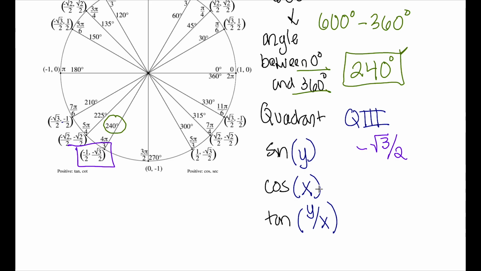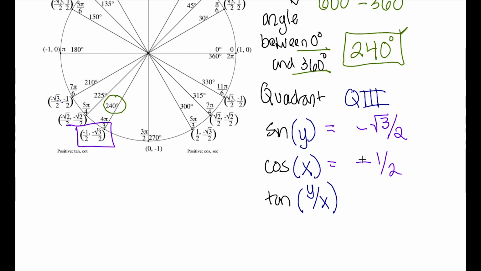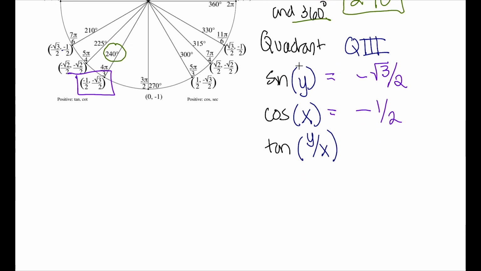The cosine is the x value of this coordinate pair, or negative 1/2. The tangent is sine over cosine, or y over x. So negative root 3 over 2 divided by negative 1/2.